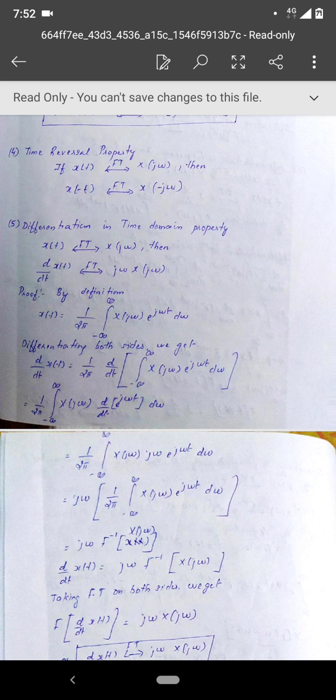But you have to do the differentiation of d by dt of e raised to j omega t, because there is a term t there. Since we are performing differentiation with respect to t, we have to account that. And when you find the derivative of that, 1 by 2 pi is already there. Integration from minus infinity to infinity is already there, x of j omega.